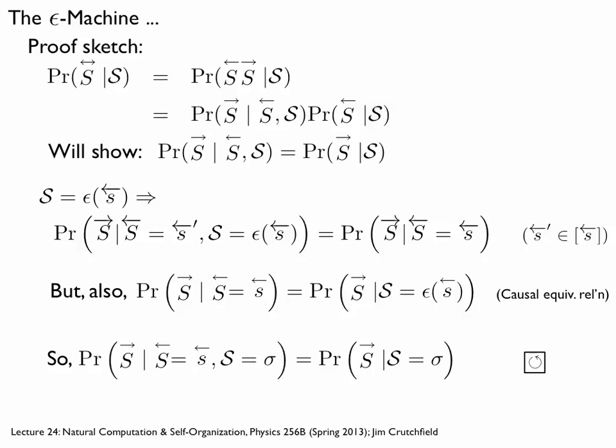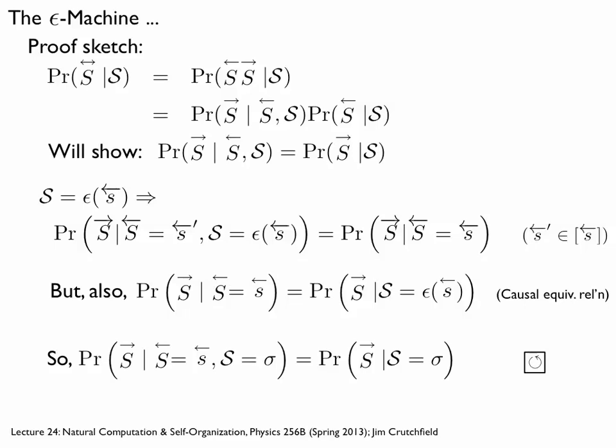Or the other way I was saying it is that knowing the causal state you're in and knowing what history has led to it are redundant kinds of information. So I can just factor that out, and we get this factoring. As a proof sketch, it hints at the circumlocutions you have to go through to establish a relatively intuitive property, namely that causal states, as they're constructed, are functions of the past.